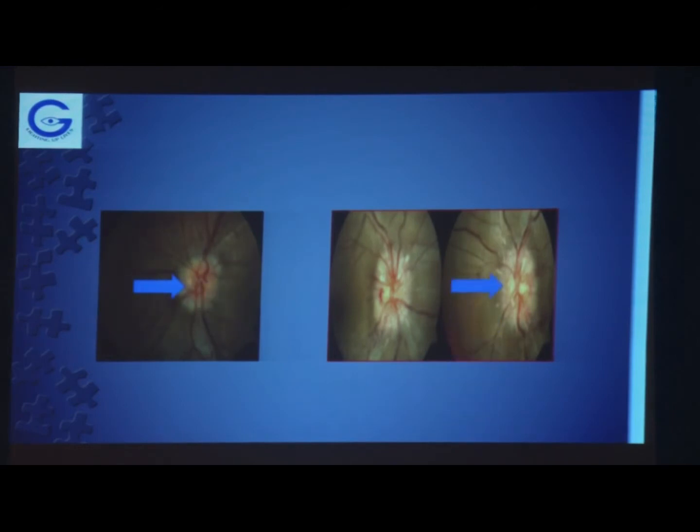Whereas, if you are able to see this obliteration of vessel margins and disc hemorrhages, RNFL elevation, hyperemia of the disc, and dilatation of the vessels, then we can say it is a true disc edema.